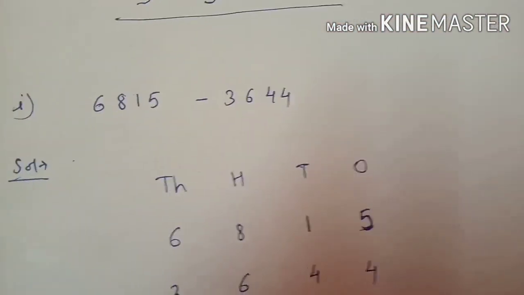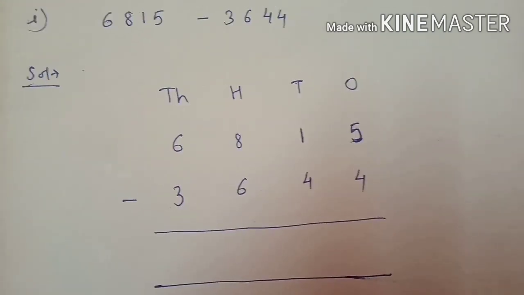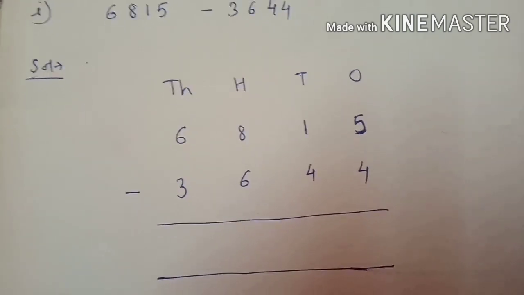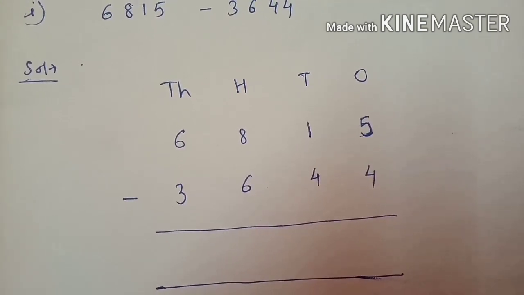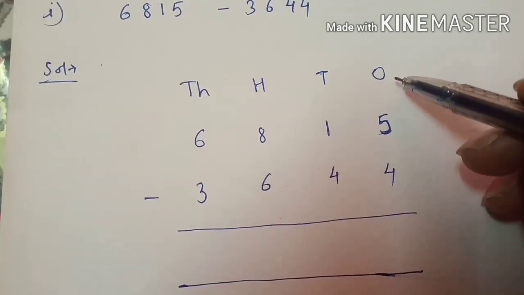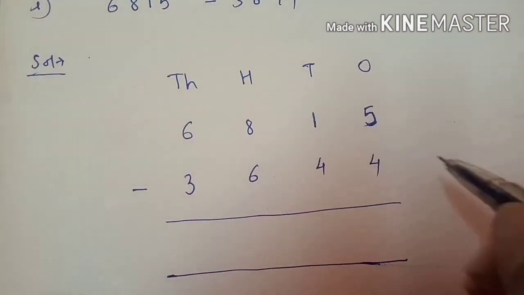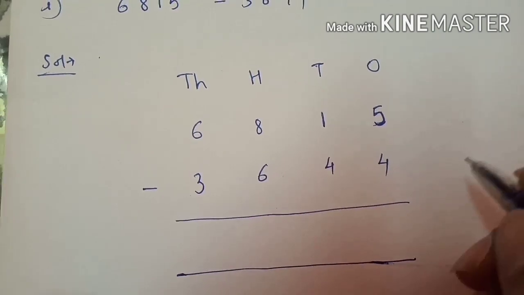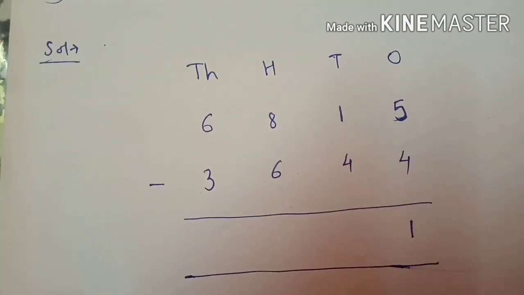Okay, that question is in horizontal form, and we have to arrange it in vertical form. Remember this thing, we will always subtract from the ones place number. Our ones place numbers are 5 and 4. So when we subtract 4 from 5, we will get 1. So we will write 1 here.